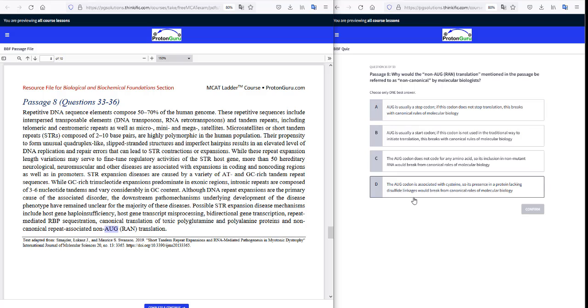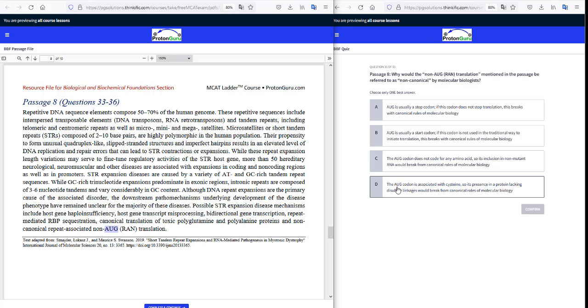So if we look at the potential answer choices, AUG is a stop codon. Well, that's going to be wrong. AUG is a start codon. Yes. The AUG codon does not code for any amino acid. Now, if you just remember that AUG is a start codon, you might be tempted to pick that. But AUG also codes for methionine, so it starts off the chain with methionine. It doesn't mean that methionine is present in the final protein. You can have modifications later, but the AUG codon does code for methionine.